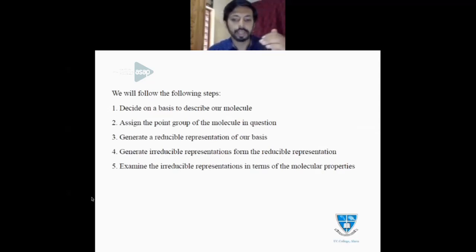Second, you have to assign the point group of the molecule. Third, you have to generate a reducible representation. Fourth, reduce this reducible representation into irreducible representations. And fifth is the examination of these irreducible representations. These are the steps we are going to follow in our discussion.